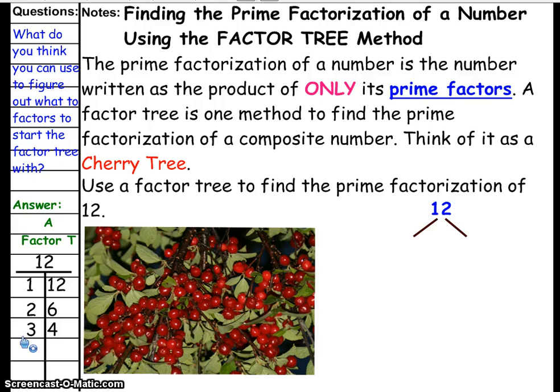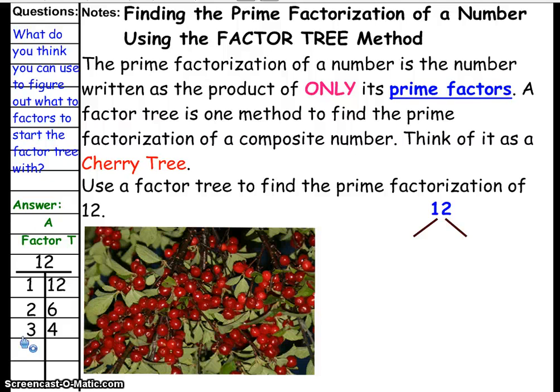One thing you must remember about a factor tree: only composite numbers and prime numbers belong on the factor tree. Can you tell me what number is neither composite or prime? If you said 1, you are correct. 1 is not a composite number, and 1 is also not a prime number.